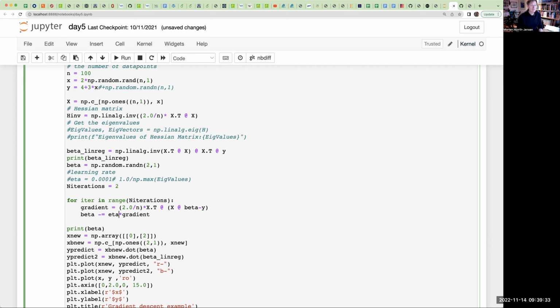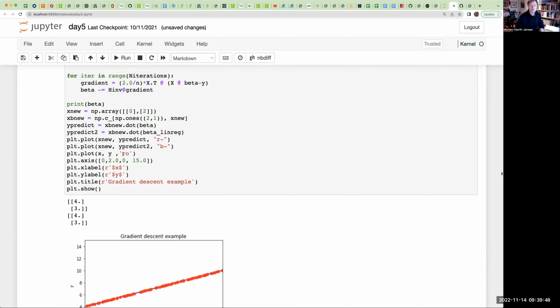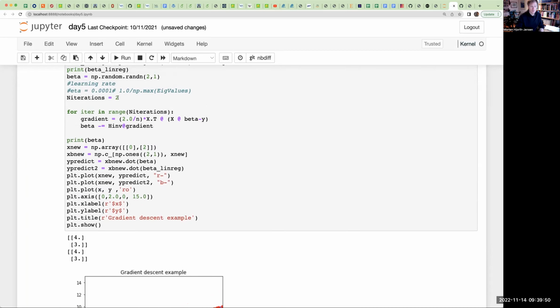And now instead of us introducing the learning rate, we simply put in the inverse of the Hessian matrix and simply multiply that with the gradient. And let's see what happens now. And now you see with only 2 iterations and the inverse of the Hessian matrix, we are spot on the final result here.